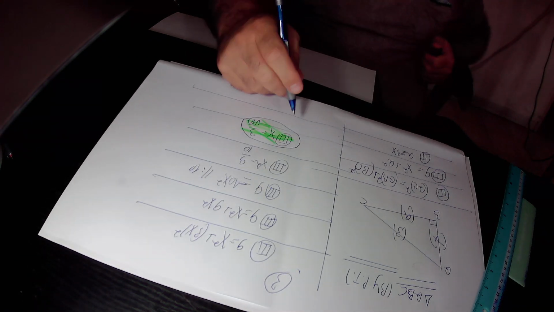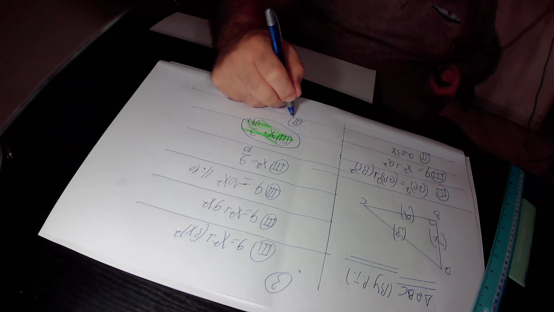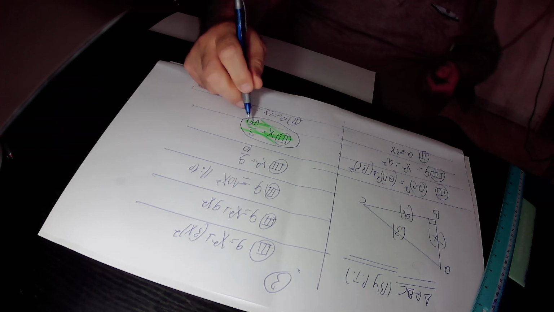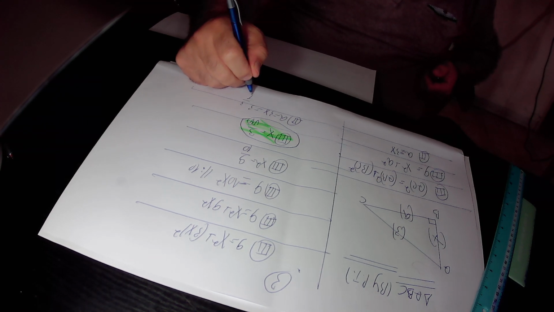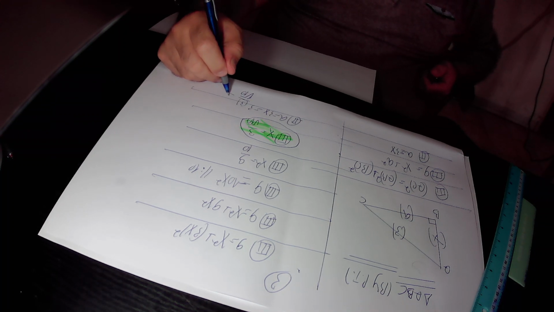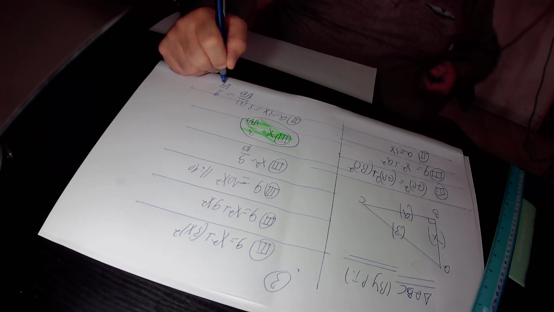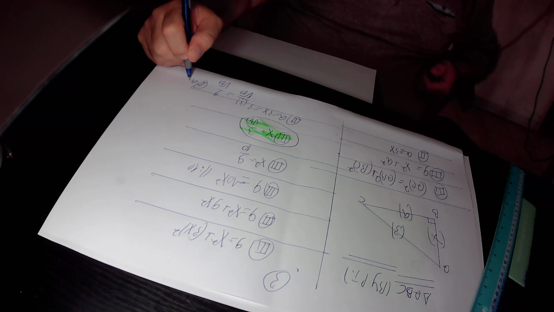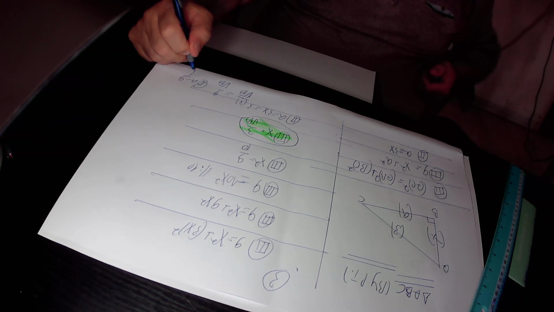According to equation 2, a equals 3x, so a equals 3 times 3 over the square root of 10. So in total a equals 9 over the square root of 10 units in its length.